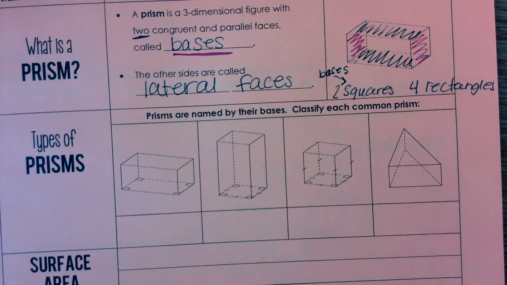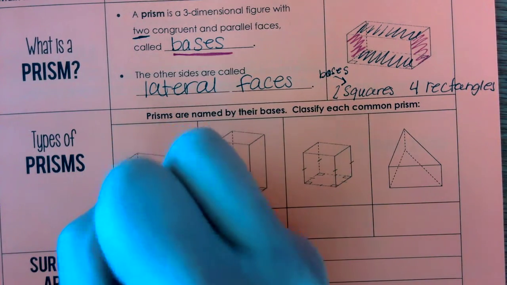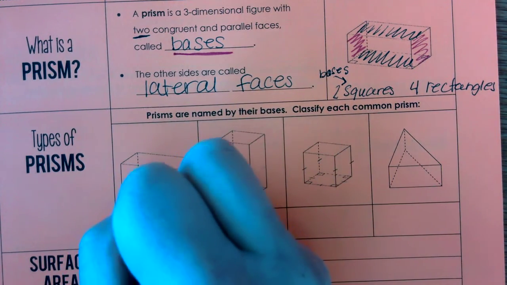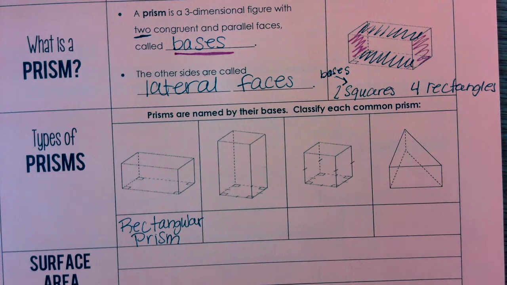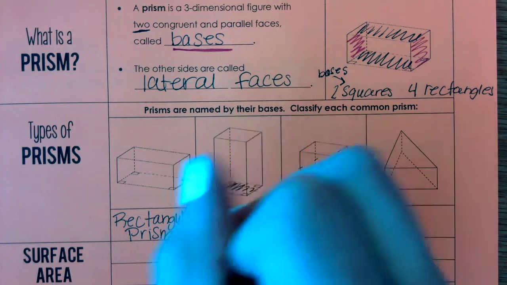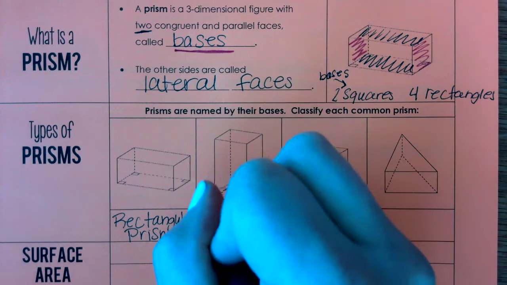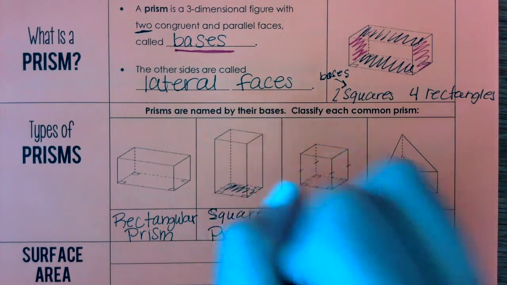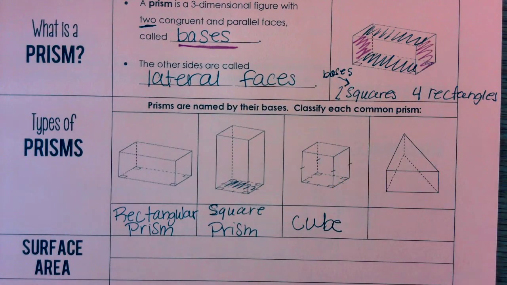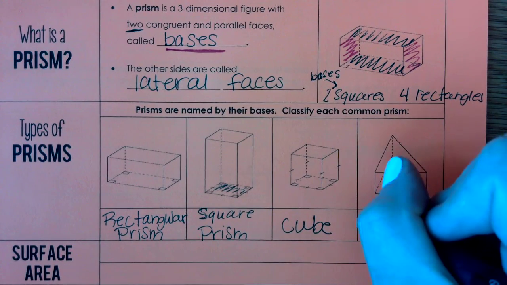Okay. My types of prisms, there's a rectangular prism. This is a square prism because this is the one that it's sitting on. The next one is a cube, because it makes a dice. And then the last one here is a triangular prism that we just worked on.